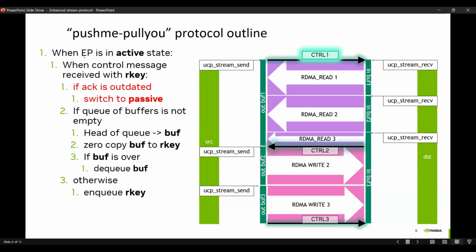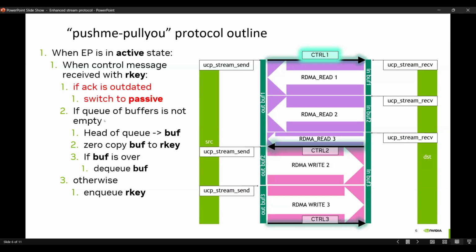First case, active side. What happens when the active side gets a control message from the passive side, which describes data, describes ARCI and data placement. In this case, the active side is the receiver side, the right side.